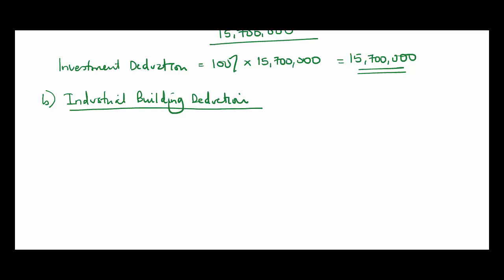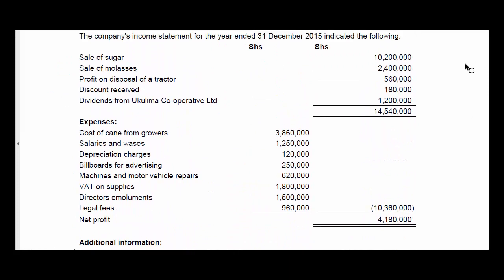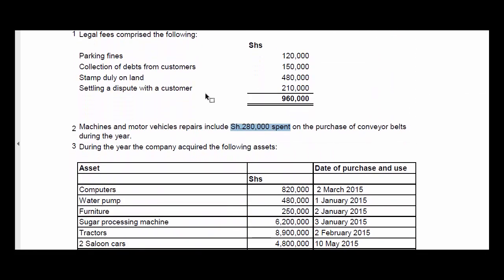However, for commercial properties, the rate becomes 25%. Let's see what we have here. What do we have here that meets the definition of industrial building? So from the income statement, anything here that looks like industrial building, there is nothing there. So let's go to the notes. Note 1 is legal fees, nothing there. Note number 2, we've already dealt with that under investment deduction.